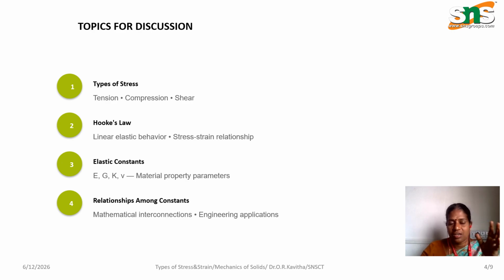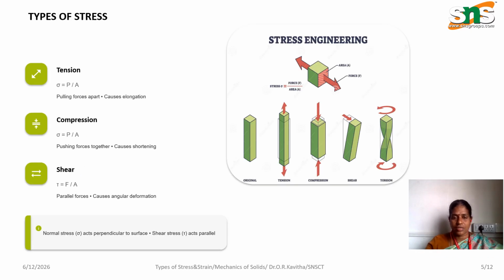So now I am going to explain the different types of stresses, what Hooke's law is, what the different elastic constants are, and what the relations between these elastic constants are. So here the tensile load is nothing but pulling, opposite forces, and there is an elongation.